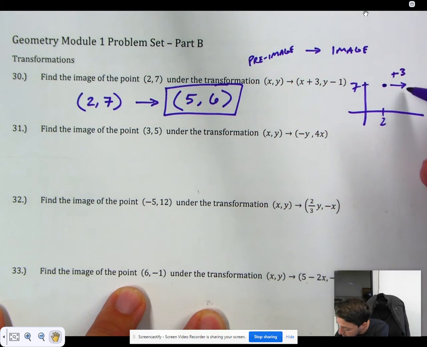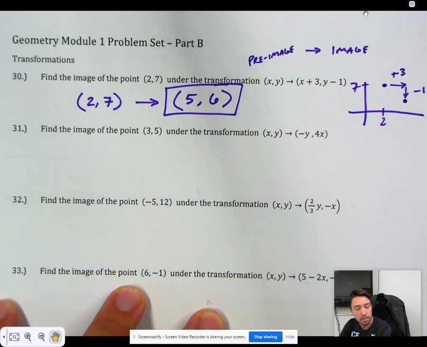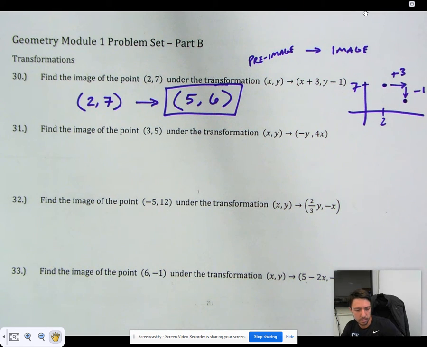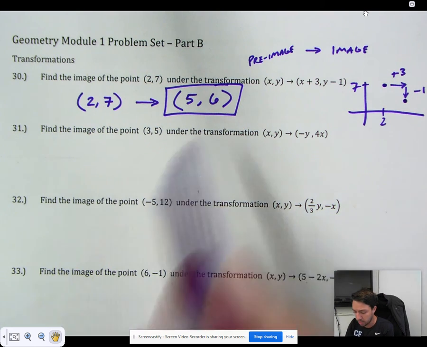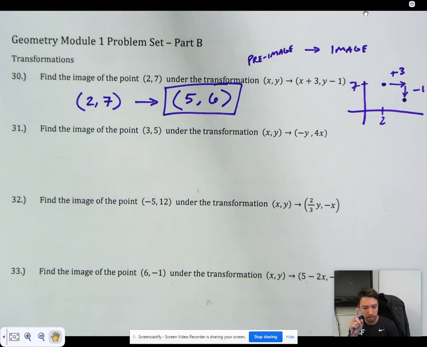And then if you subtract 1 from the y value, that shifts it down. As you do these, you can think about it, though some are easier than others to visualize. This one's pretty simple because you got a point, you add 3 to the x, you subtract 1 from the y, and there you go. You've shifted it right 3 and down 1. So anyway, just something to keep in the back of your mind as we do these.